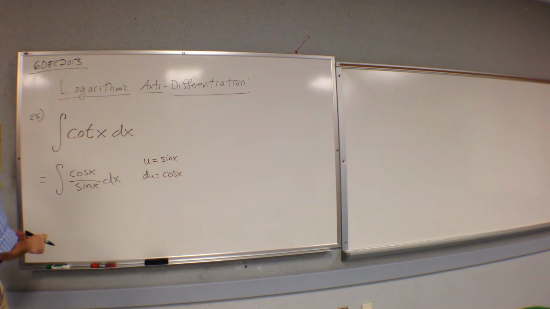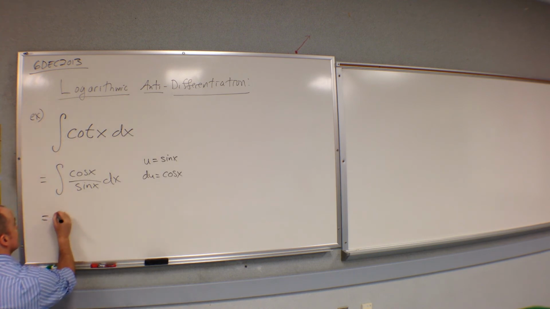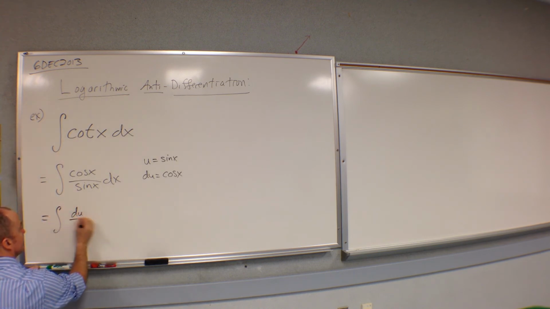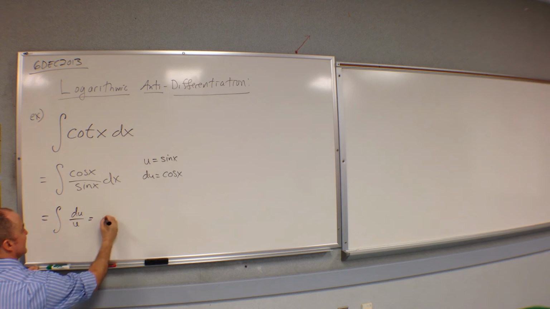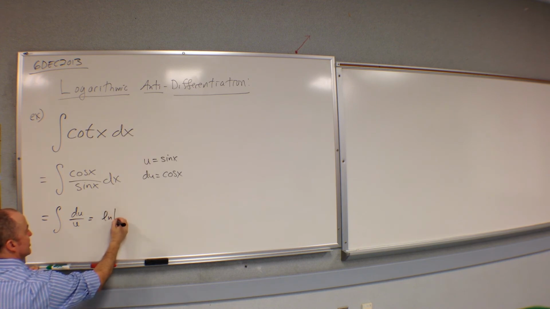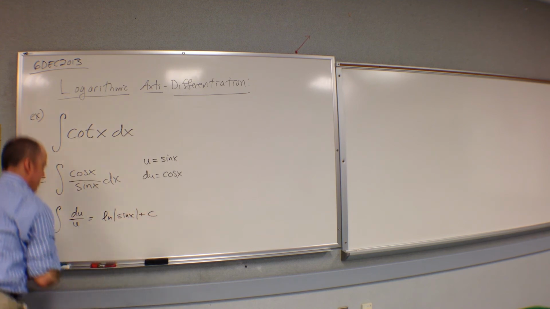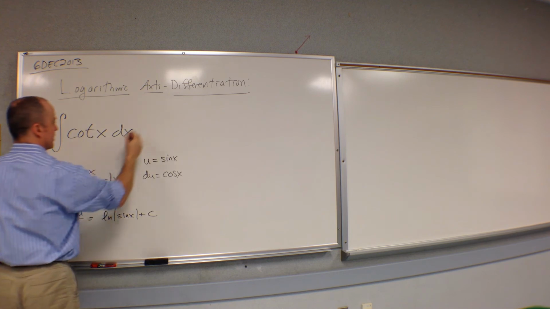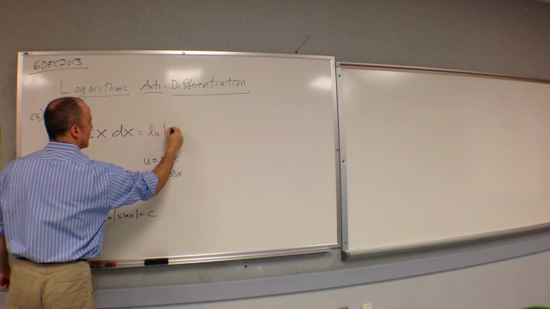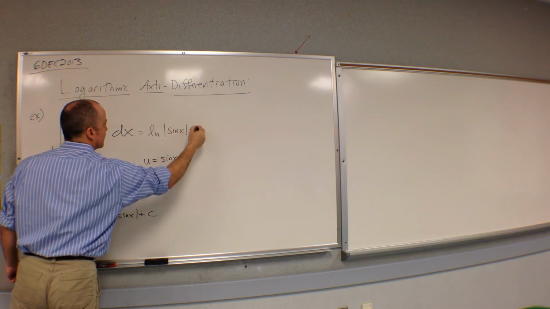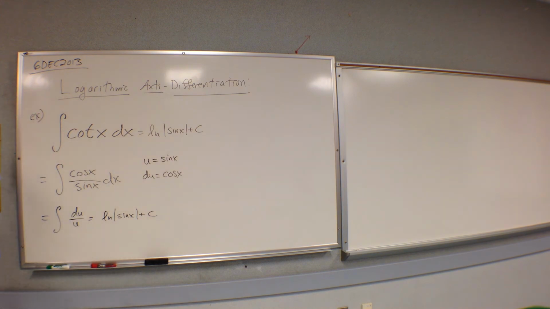Okay, so now I can rewrite this as the integral, boom, du over u, which is the natural log of the absolute value of whatever was on the bottom, sine x, plus c.